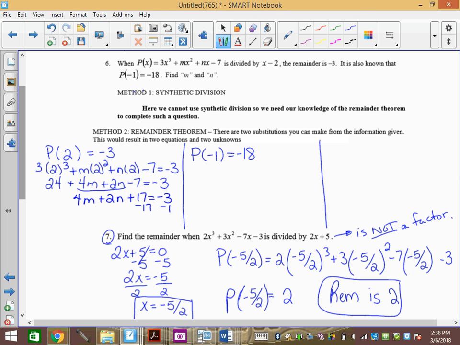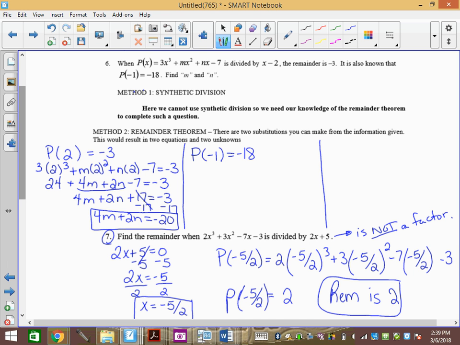Subtract my 17 over. 4m plus 2n equals negative 20, and then I'm going to box it. I can't solve for either of them because I don't know either of them right now.